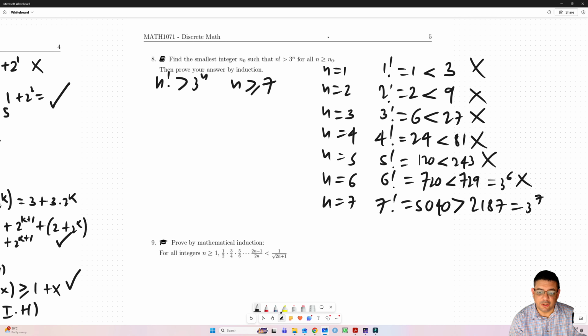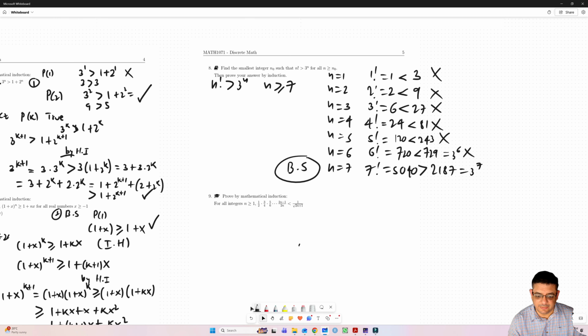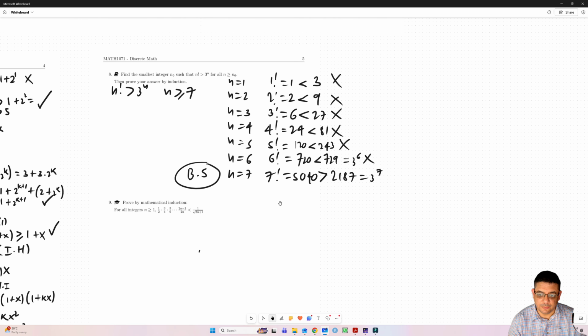Okay? So this is our step 1. This is the basic step. So now I want to prove that this is going to be true for something larger, the inductive step. So let k belong to the integers, k bigger than 7, of course, because we're assuming it's got to be bigger than the base case.